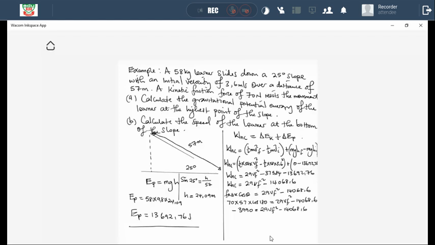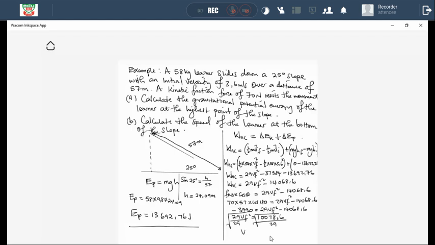So in other words, 29 VF squared is going to be equal to 14068,6 minus 3990. I'm getting 10078,6, divided by 29.